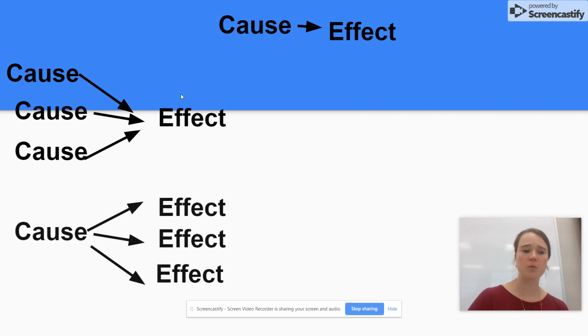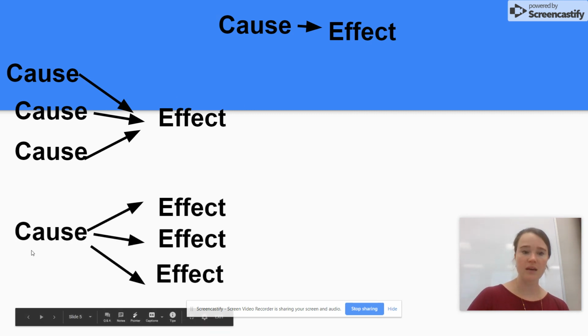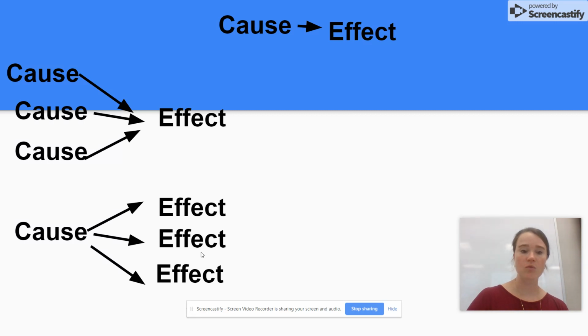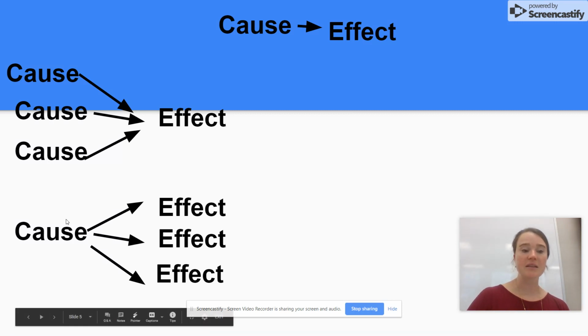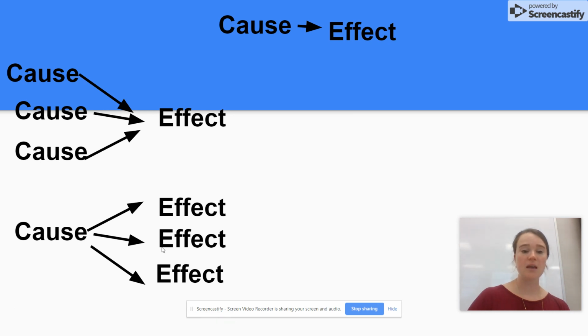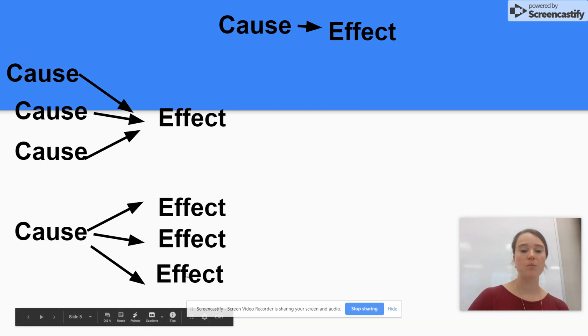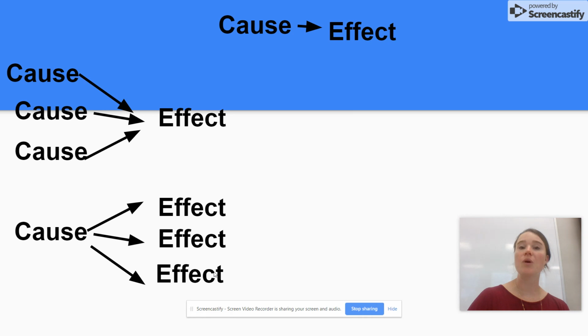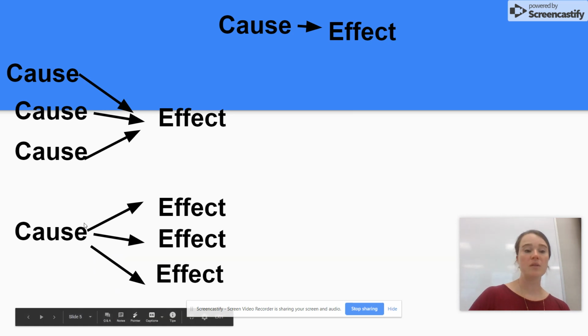You can also go the other way. This one thing has had these three effects. 9/11 caused tighter security at the airport. It caused the creation of Homeland Security, and it also led to the persecution of many people who are Islamic. So this one thing had these effects.